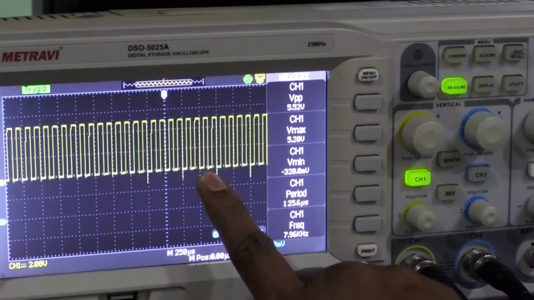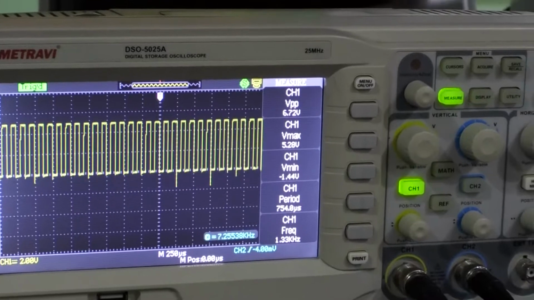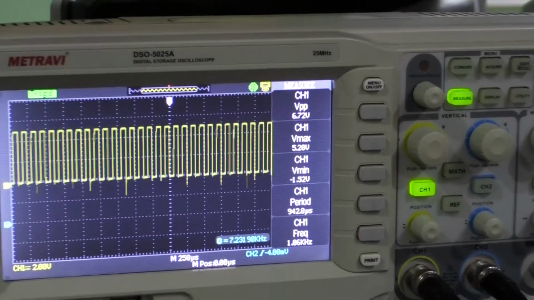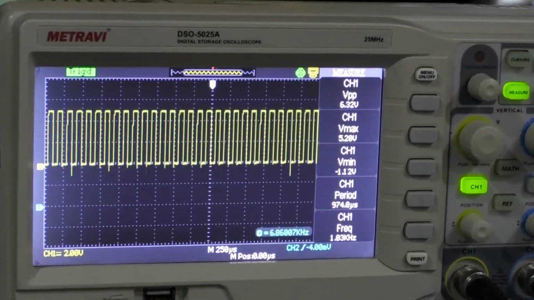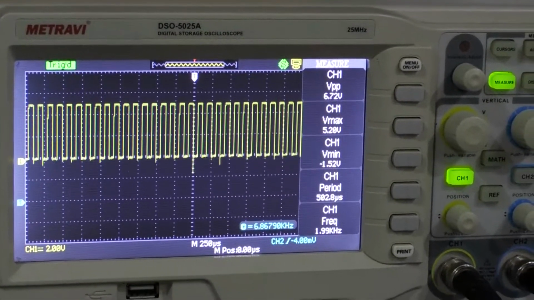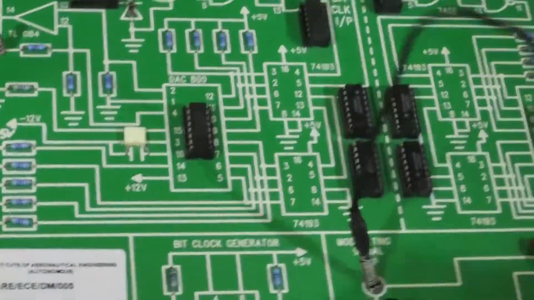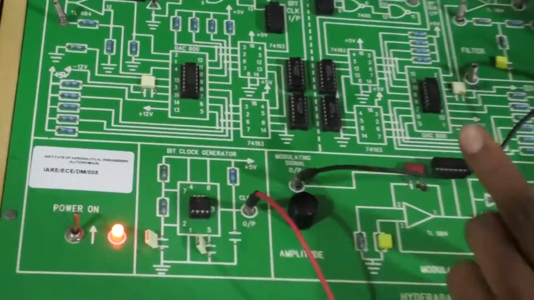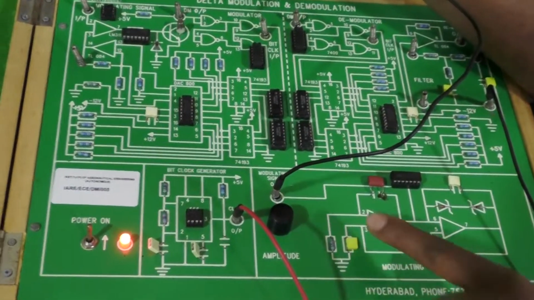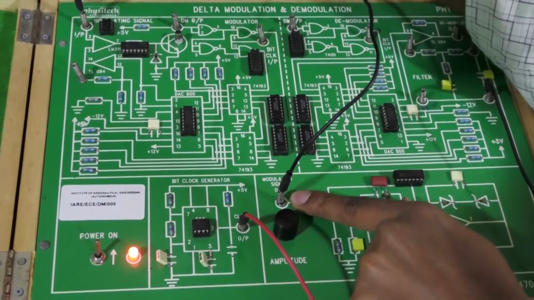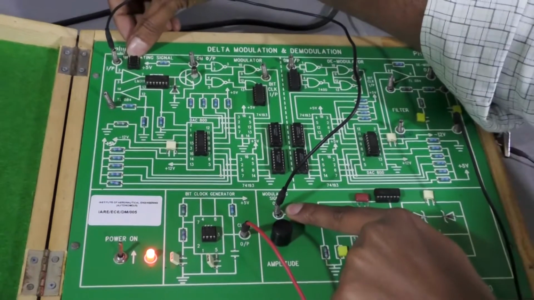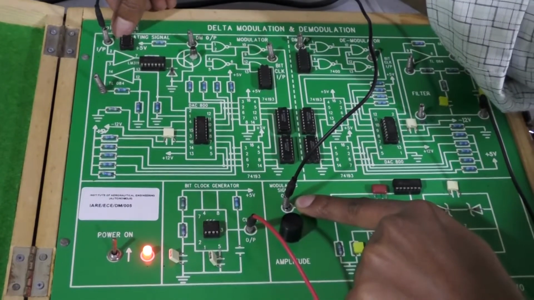By applying these two to the delta modulator, we will get the delta modulated output with respect to the step signal from this point. Now let us see the connections from the modulating signal generator to the delta modulator. The first connection is from the modulating signal output to the modulating signal input.